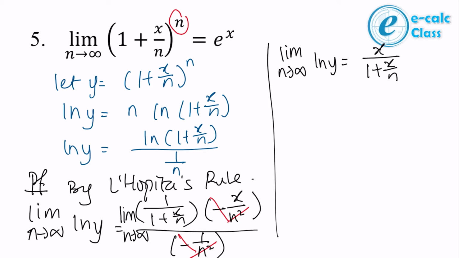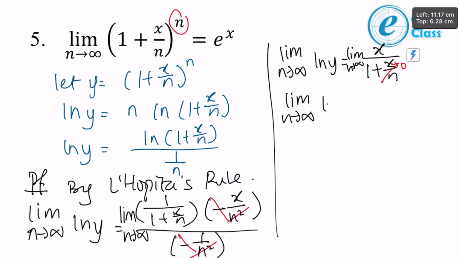If we put in infinity, x over n is 0, so the limit of ln y is x over 1 plus 0, which is x.